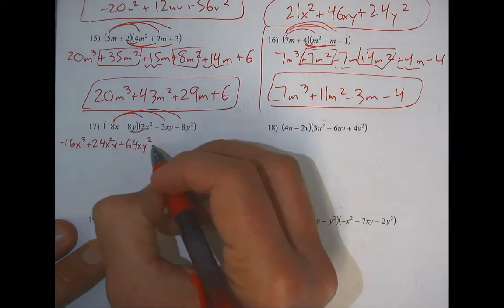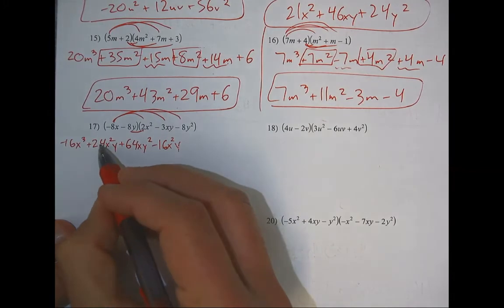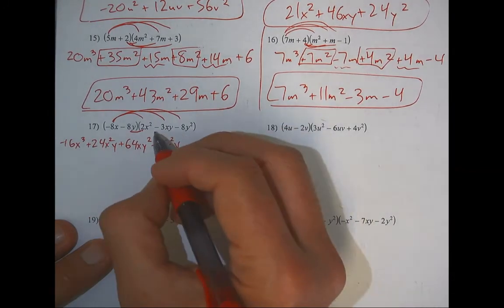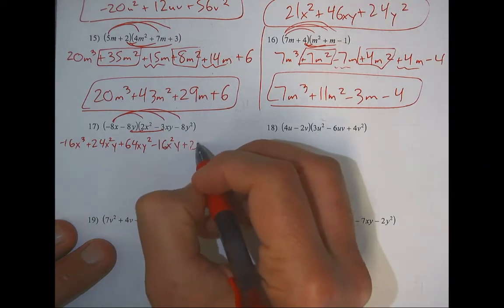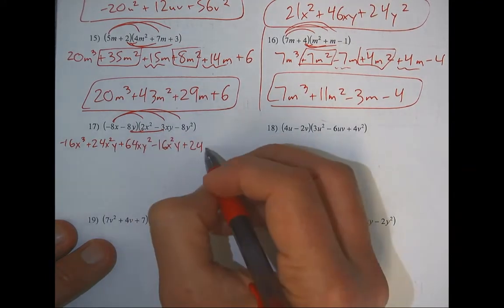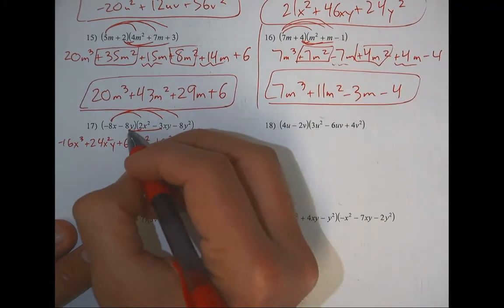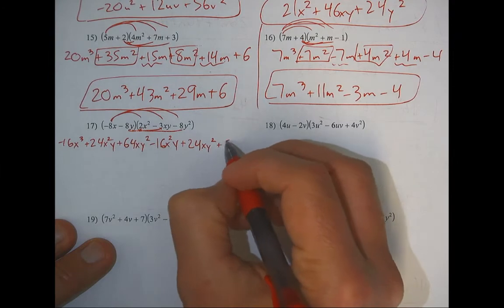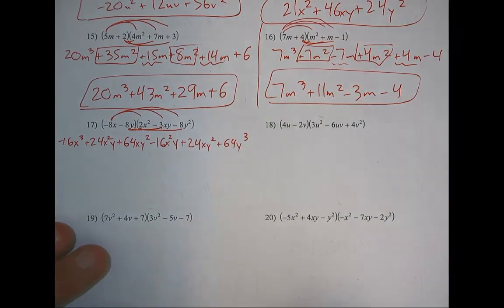Now here, it's negative 16 x squared y, so that'll go together with the 20 because it's an x squared y. Negative times negative is positive 24. A y and a y is a y squared, so this is xy squared. That'll go together with the other xy squared. And then this is positive 64. A y times a y squared is a y to the third.